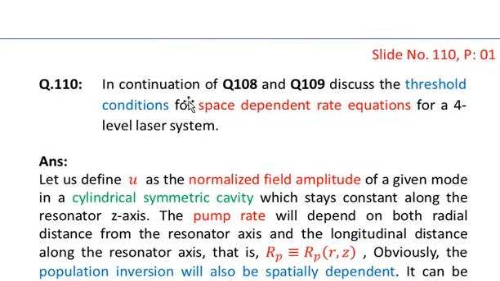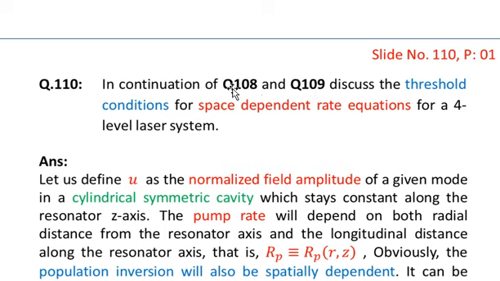The question is in continuation of question number 108 and question number 109: discuss the threshold conditions for space dependent rate equations for a 4-level laser system. Question 108 means slide number 108 and question 109 means slide number 109.